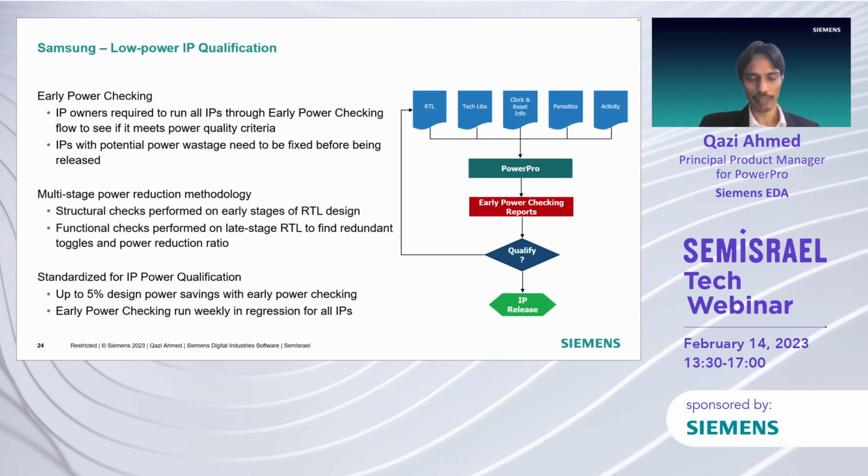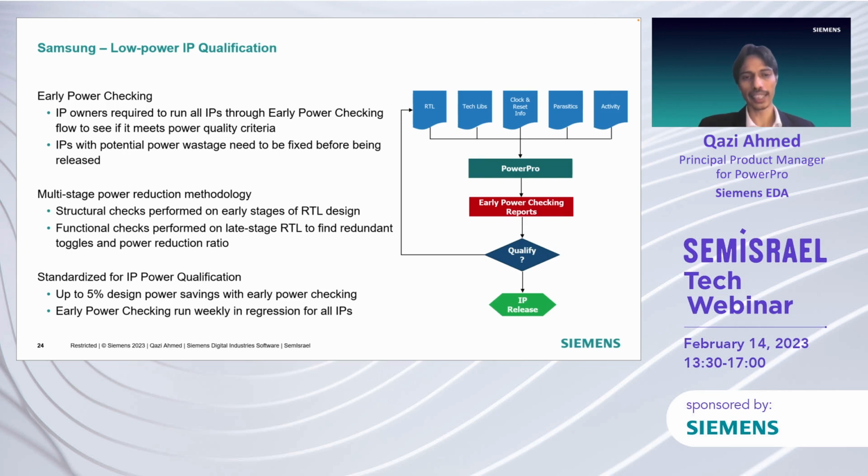You should not have any flops with stability that's wasting cycles, or any inputs that are not observable at the output but you're still not gating them. So these kinds of KPIs, or key power indicators, they have decided by using the metrics that PowerPro offers. And all IPs have to go through this and qualify the criteria. In case they do not, they need to be fixed.